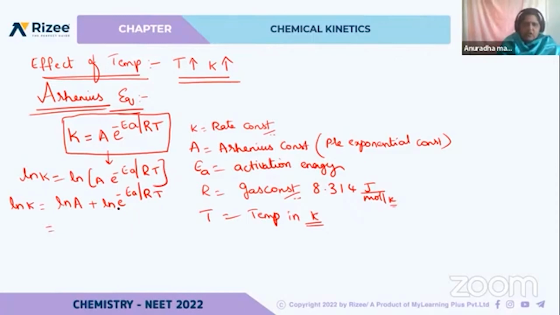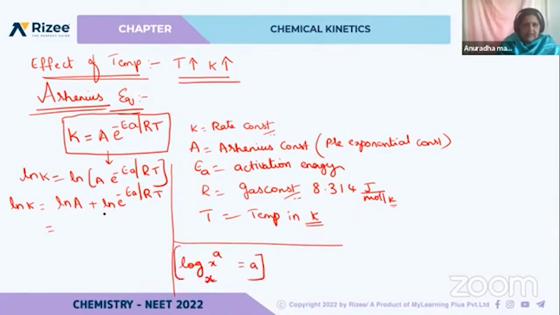ln or log base e, both are the same. So what is the formula? Log base e of e to the power of A is equal to A only.